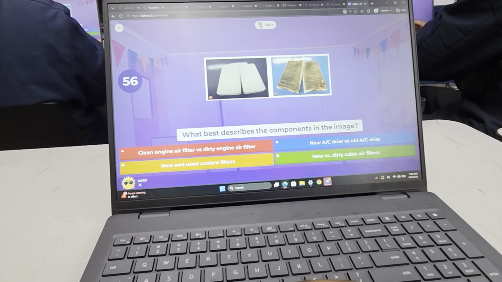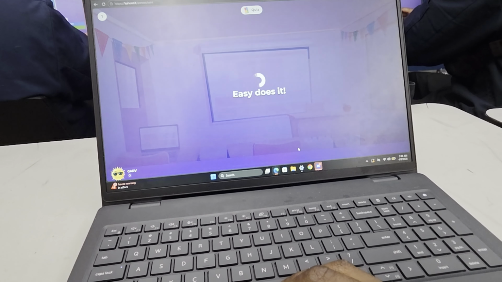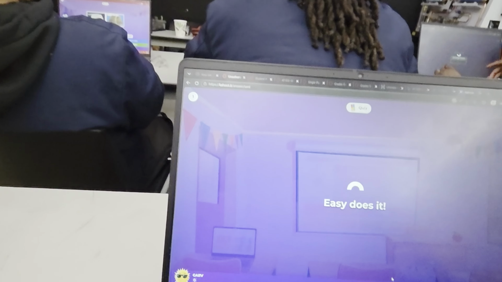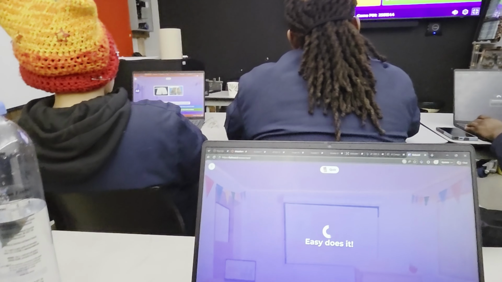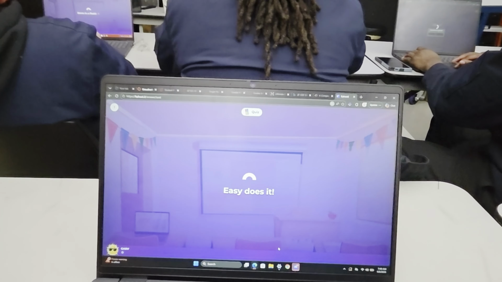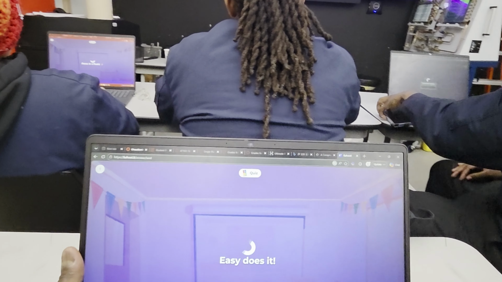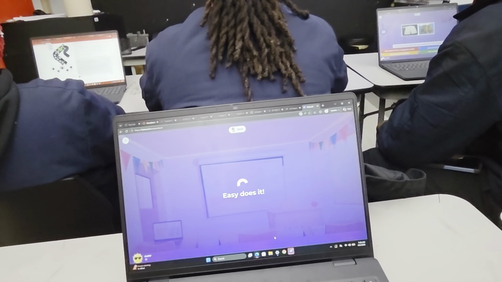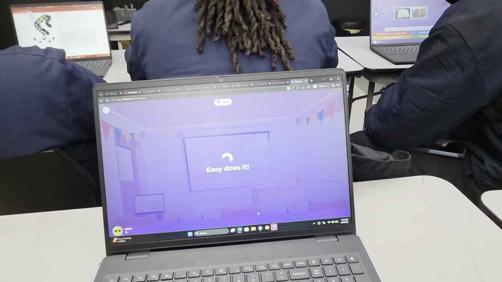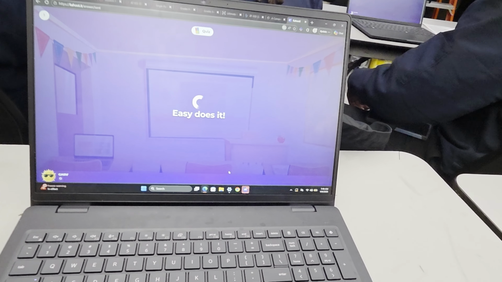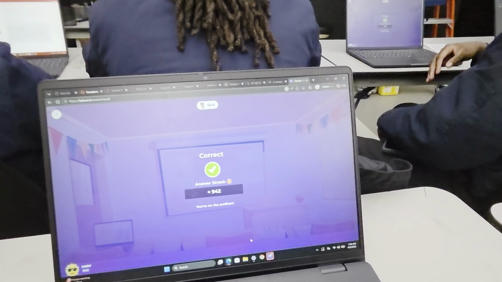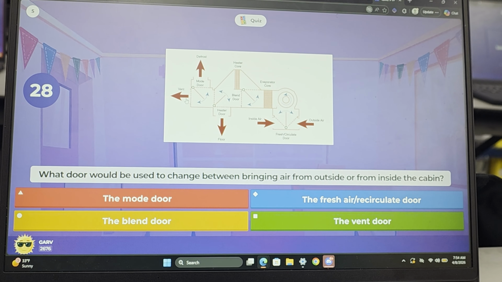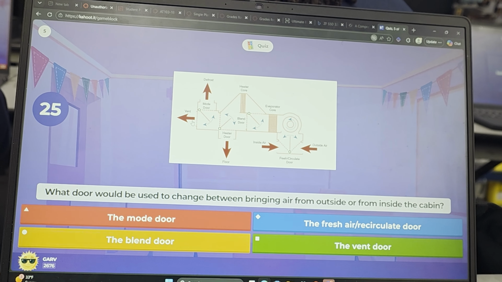We gotta do cabin air focus, right? Damn, you trying to trick a Rooney. You trying to trick a Rooney. You see that? But the difference though. Damn, this is hard.